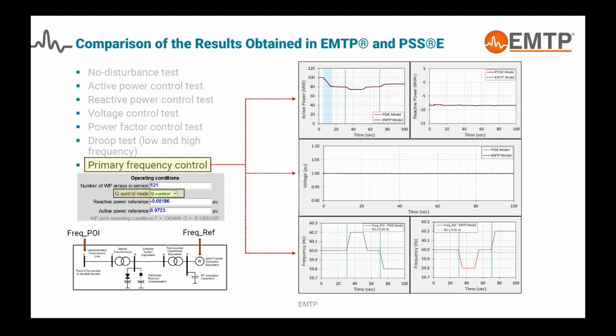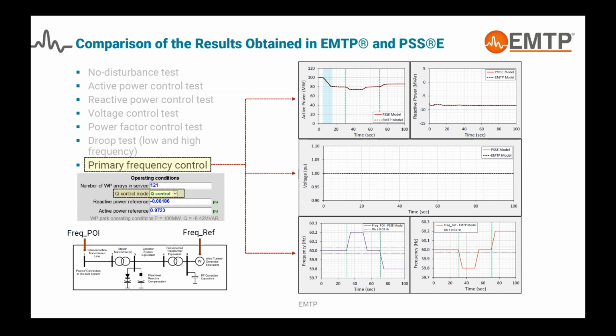And finally, this test, primary frequency control. Again, we use the same approach, right? Here in PSSC, we just play the frequency directly using that playback component. And again, if you look at the shape of the frequency at the POI, we have the same shape here, but in a different direction, right? Here is the frequency reference at the PPC, okay?